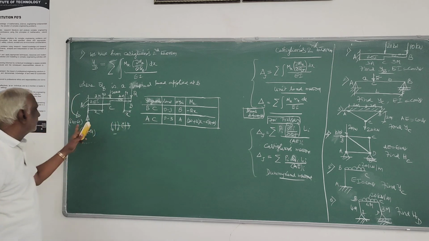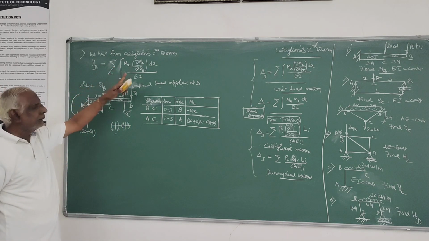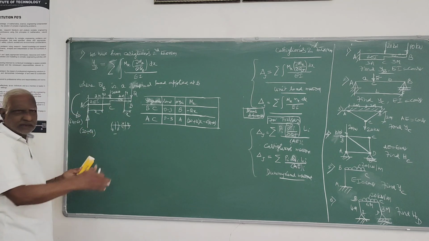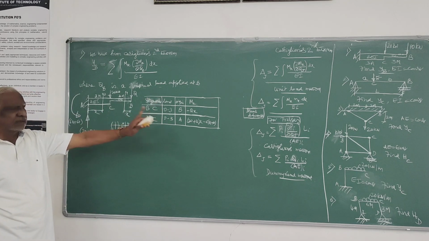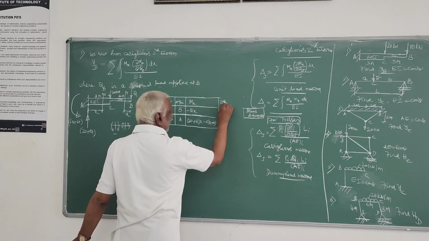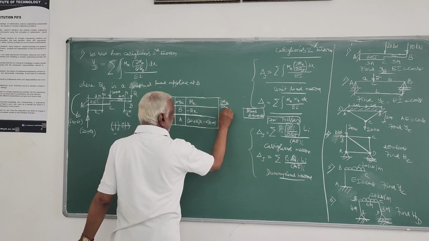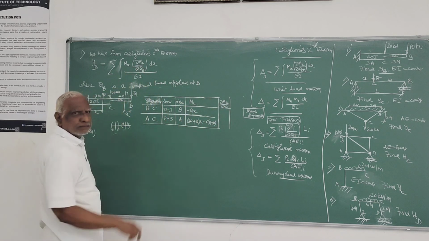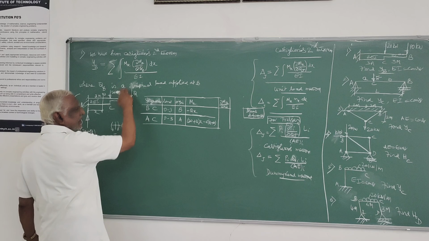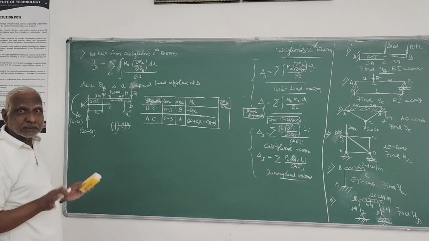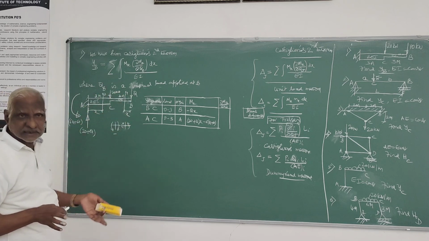In this equation, Mx for that entire beam, which consists of two segments to cover the integration limit, I have to work out. Then you find out delta Mx by delta Q. That's what I need. Then I will integrate it, add it, and I will get the vertical deflection. This is the procedure we follow in Castigliano's method.